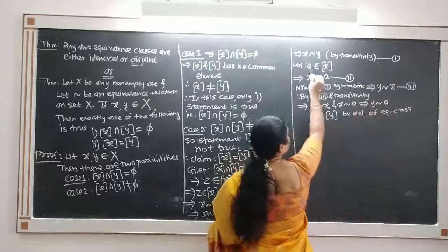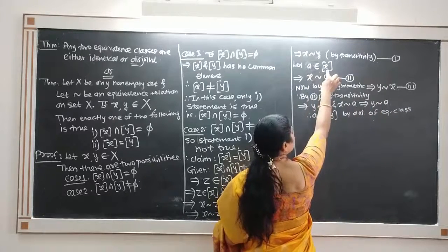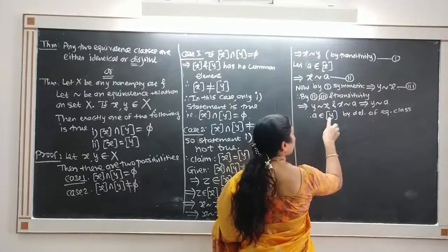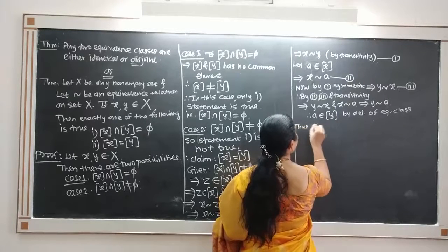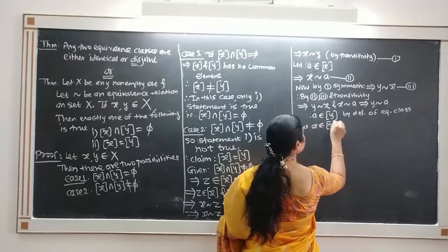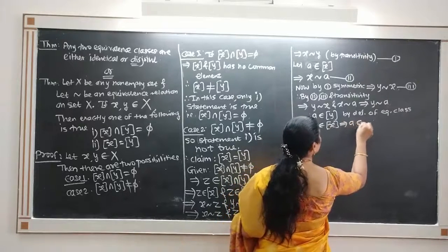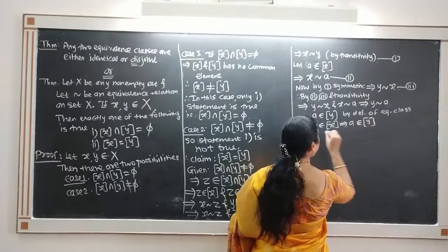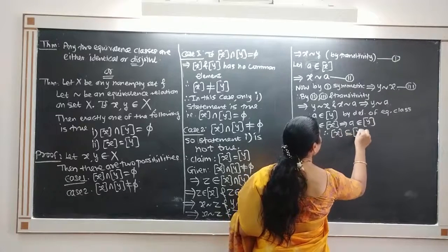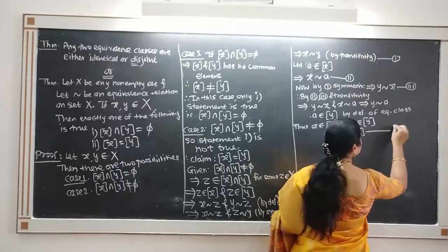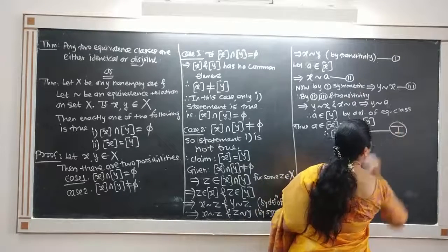So starting with A in the equivalence class of X, we have proved that A also belongs to the equivalence class of Y, and therefore the equivalence class of X is a subset of the equivalence class of Y. This is our first result.